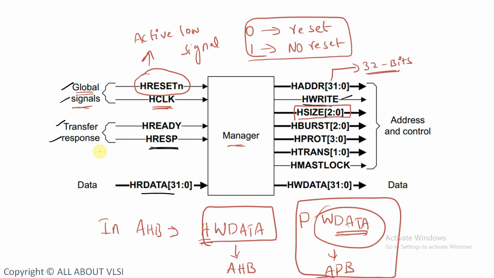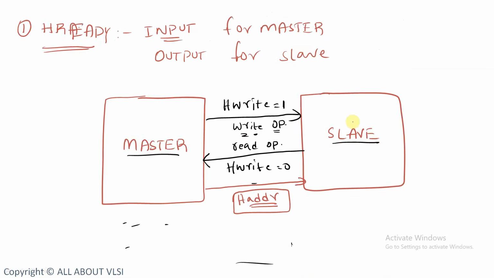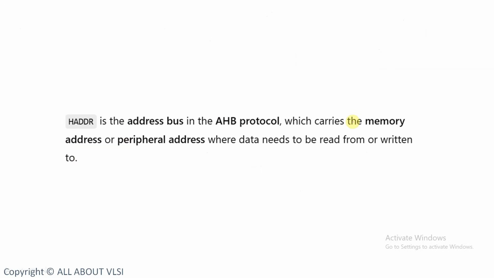Coming to HBurst, this is also a very important signal and it is also 3 bits wide. Now what is this HBurst? I'm not going to discuss HBurst in detail in this session; we will discuss it in more detail in upcoming sessions. Since it is 3 bits, here also we have a total of 8 combinations, from 0 0 0 to 1 1 1.